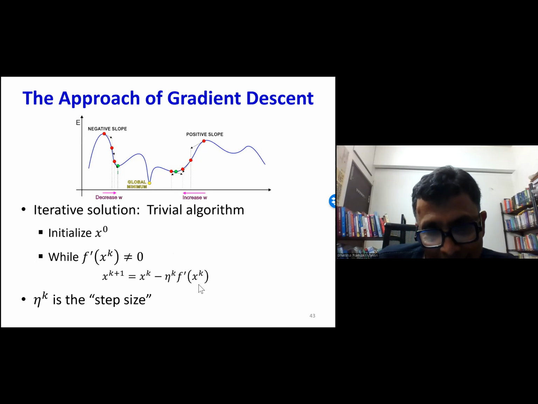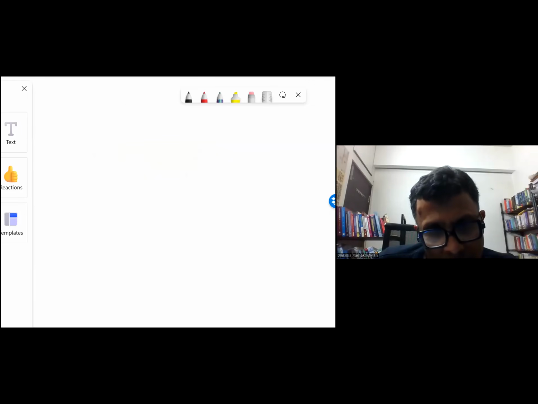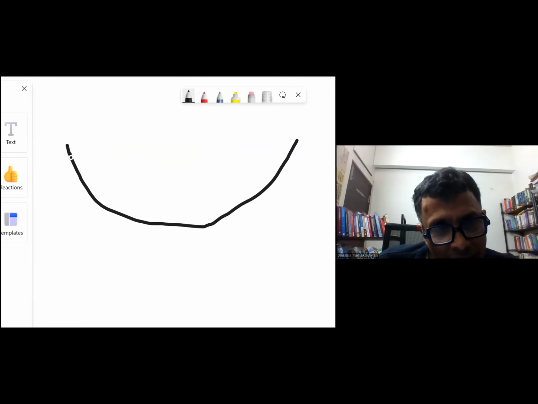And why is that? Why is having a step proportional to the derivative sensible? For that, let me draw a function like this, right? If I have a function like this, out here, the function is steep, right? So am I close to the minimum or far away out here? Far. So do I want to take a big step or a small step? Big.